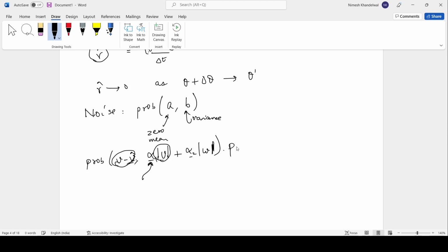Essentially whatever quantities we have, we multiply them, because we are assuming that everything is independent. We want our omega and omega hat to be the same, which is why this whole quantity becomes zero mean. Again, we choose alpha 2 and alpha 3 based on their effect on omega minus omega hat.